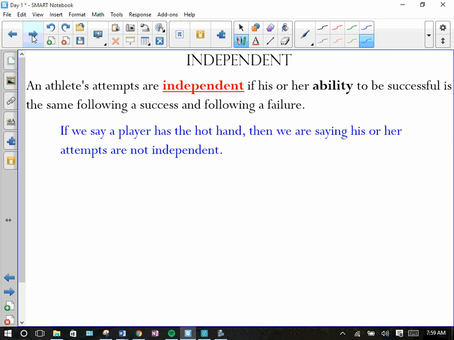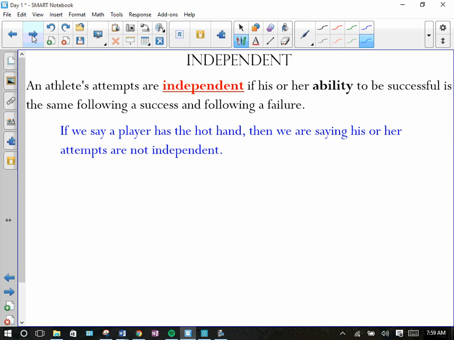Going back to shooting, let's say free throws. If my attempts are independent and I shoot a free throw and make it, my ability to make the next shot stays the same, even if I had missed that first shot. Making or missing a shot doesn't affect my ability.